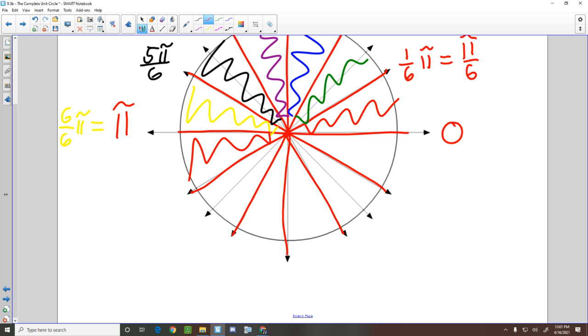So if I had one more, if you count those all up, 1, 2, 3, 4, 5, 6, this would be my 7th slice of pi. So that fraction, that angle in radians, is 7 slices of pi out of 6, or 7 pi over 6.